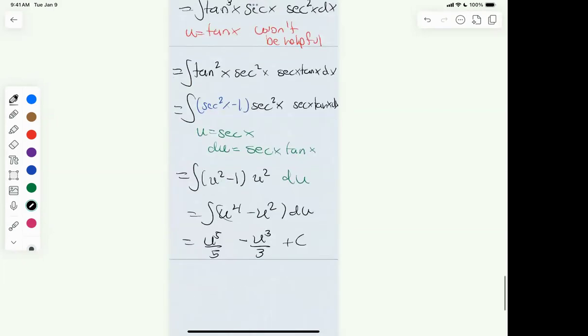But what was u? U was tangent. So you get tangent of x to the 5 over 5 minus tangent cubed over 3 plus a constant. Sorry, u was secant. I was looking at the wrong u sub, so let me cross it out and replace it here with secant. Sorry about that.